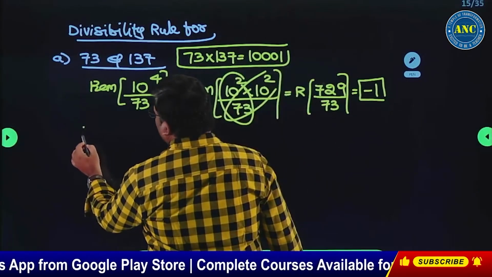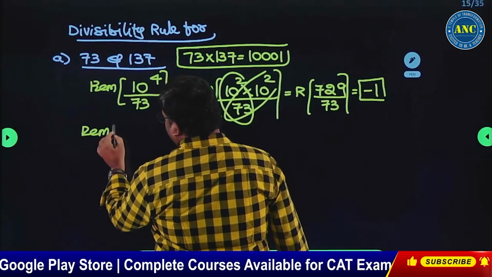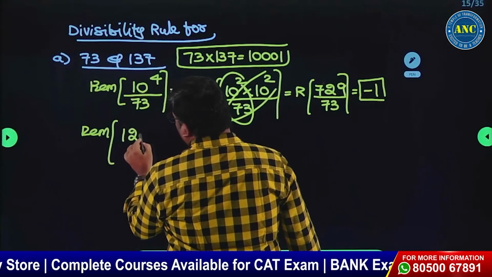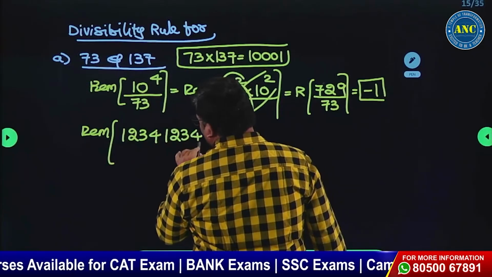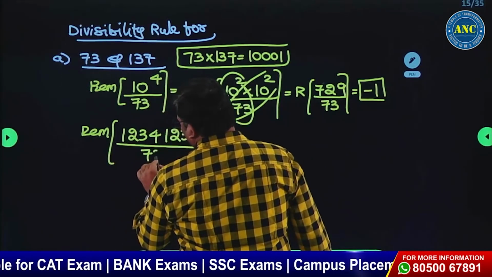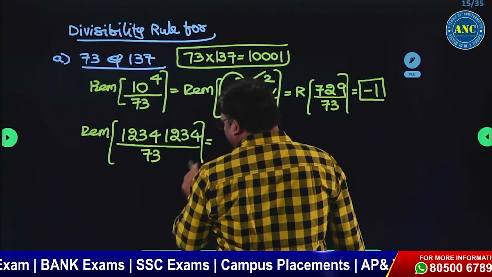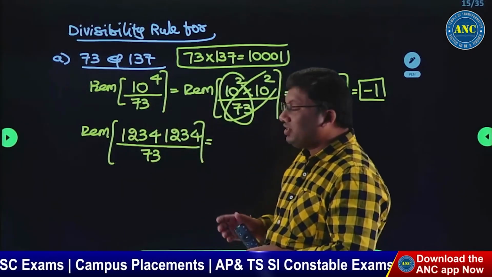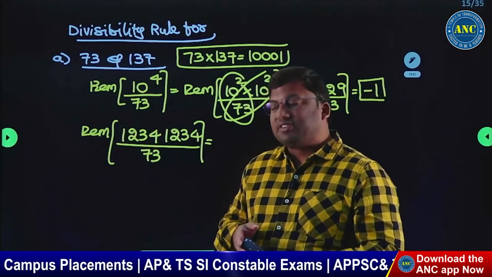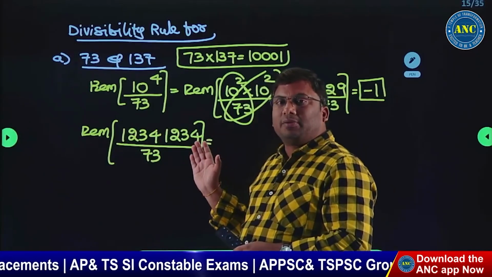Very, very important, sir. If the question is 1234 1234 divided by 73, now listen carefully, sir. What is the divisibility rule of 73? Start from rightmost.